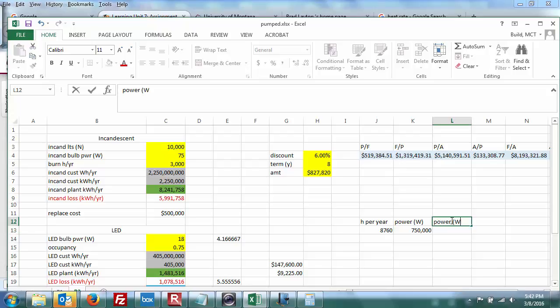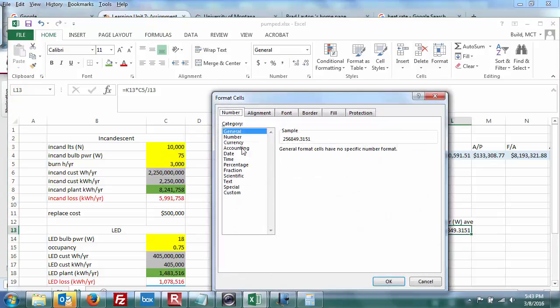Watt average equals this number times this number divided by this number. It's the fraction of hours. We're only running 3,000 hours per year. There's 8,760 hours per year, so that's the fraction of the time they're on. So the average power is less than what the maximum would be.